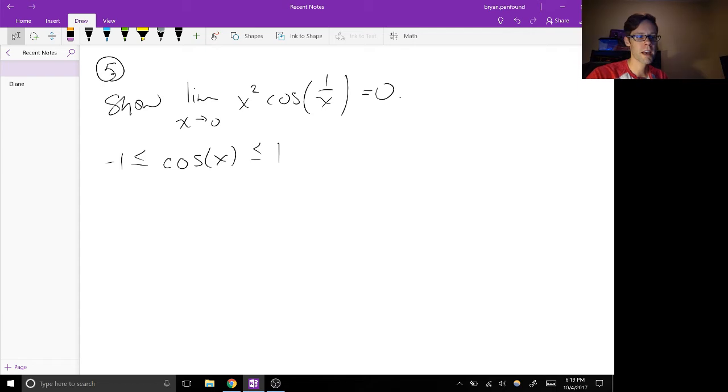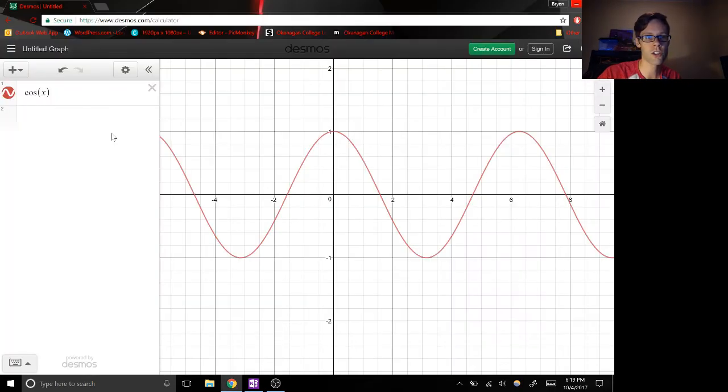Returning to this squeeze theorem limit, we know that cosine is between -1 and 1. If I alter the inside of this function, changing this to cosine of 1 over x, what's this going to do to the outside values? It turns out that nothing's really going to change.